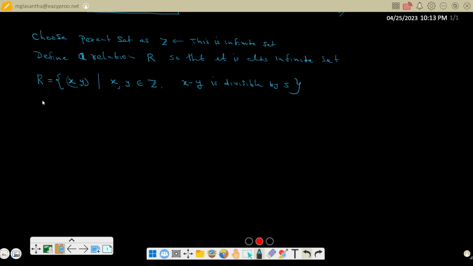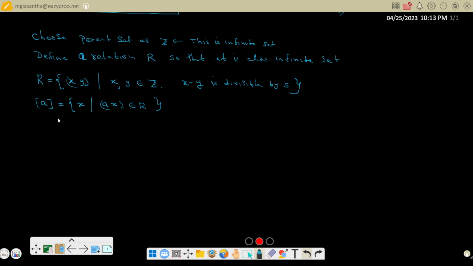Now if you take x, the equivalence class of a is defined as the set of x such that (a, x) belongs to R. That is how you define the equivalence class of a.